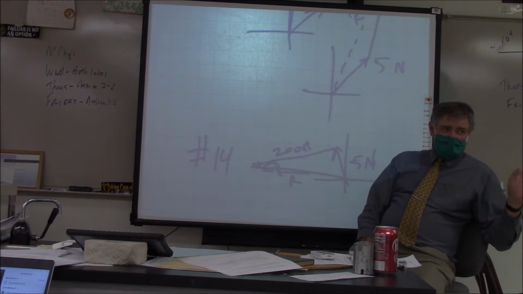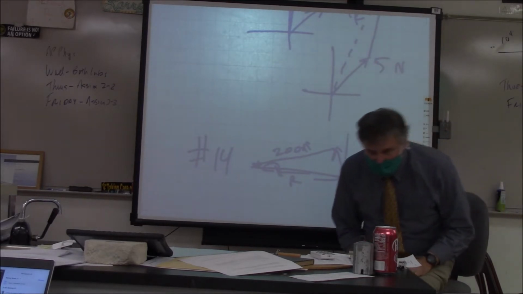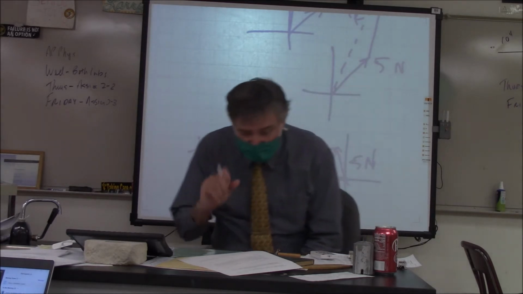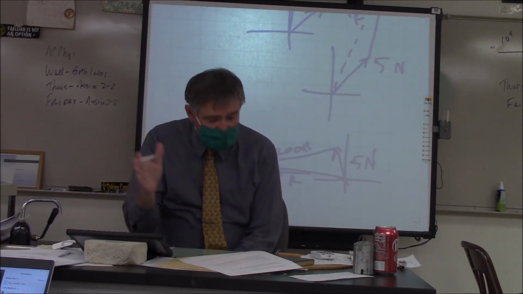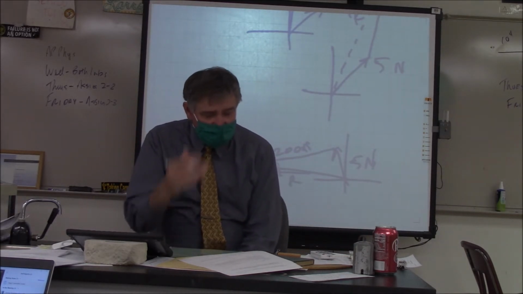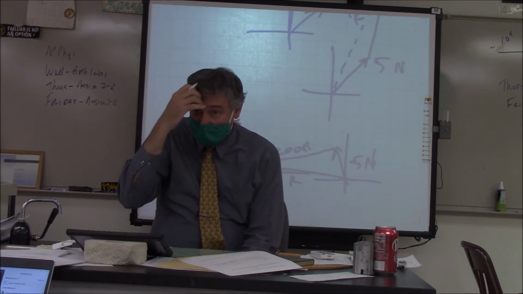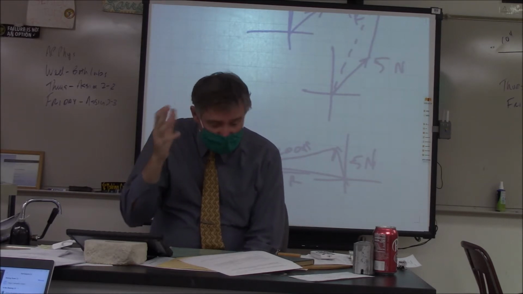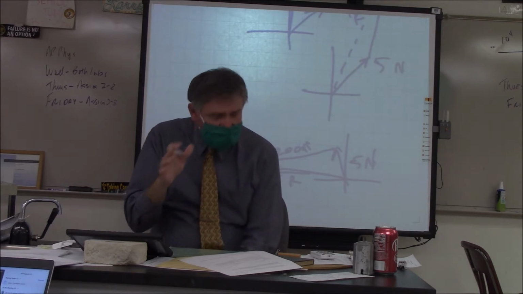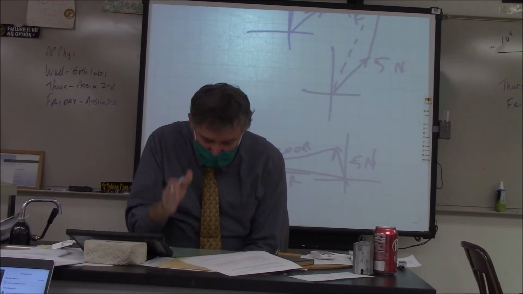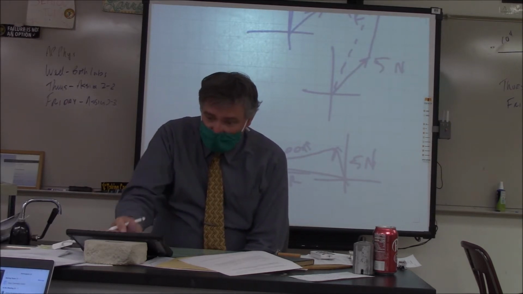So this is where your calculator will lie to you on this one, where you're going to find that angle, because what you'll see is that your x component is negative. The sum of your x components on 14 is a negative number, should be like around negative 10. And then your y component is going to be a positive value.